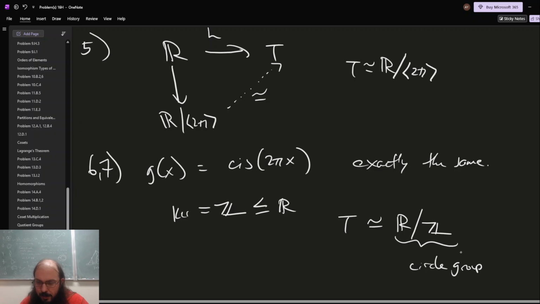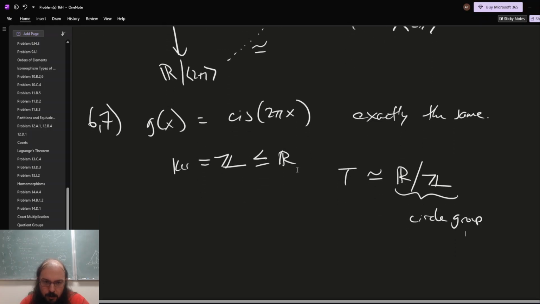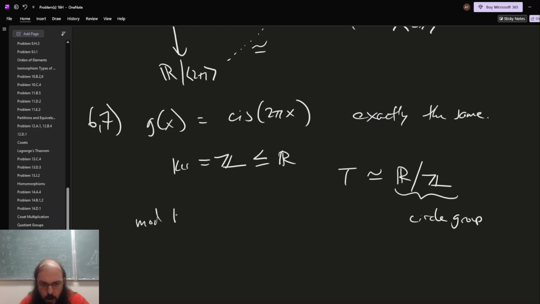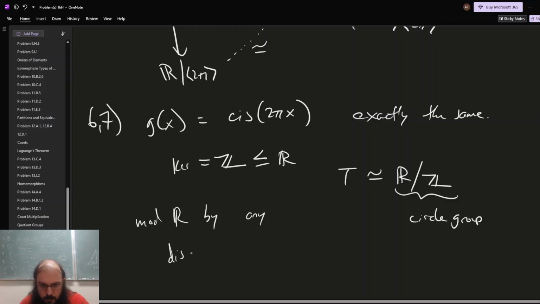And so this can be slightly a little bit misleading, but really what this is showing is, as you can mod out R by any discrete... Is that true? Hold on. I think it's true. Slightly unsure.